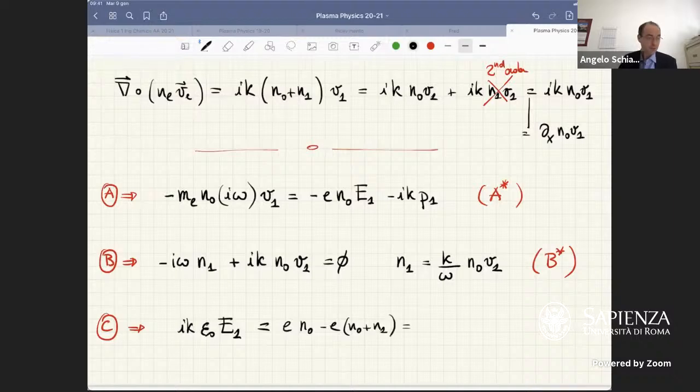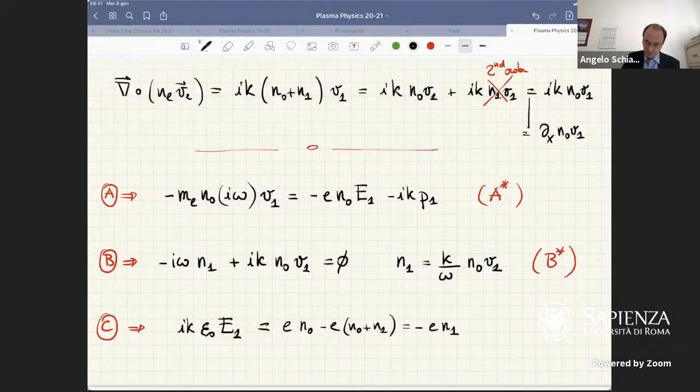So what remains is just the perturbation in density and charge due to electron motion. Okay, and from this we can get an expression for E1.